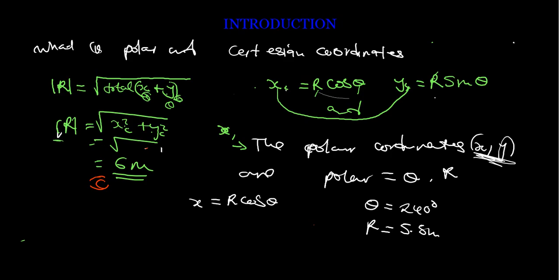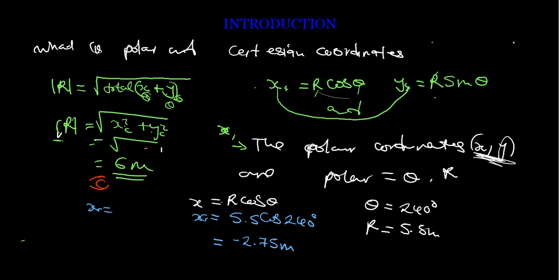So to find the Cartesian coordinate, it's more like you are finding the x component, and R is 5.5, then cos theta is cos 240. So when you punch that, you'll be able to get negative 2.75 meters.